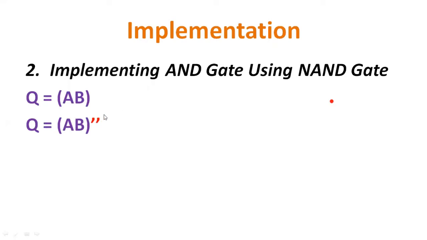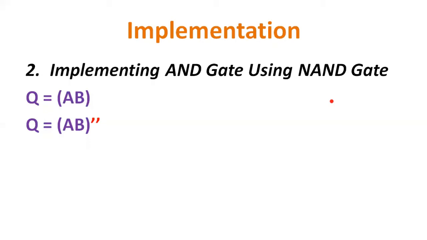Wherever I make changes, only those changes have been made in red color, so just focus on those colors. A dot B whole double bar forms again A dot B; the meaning is one and the same.